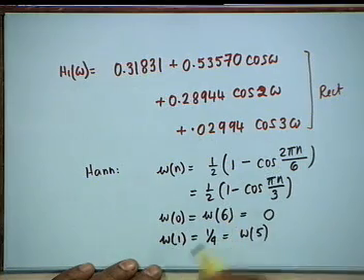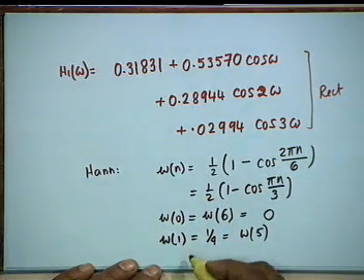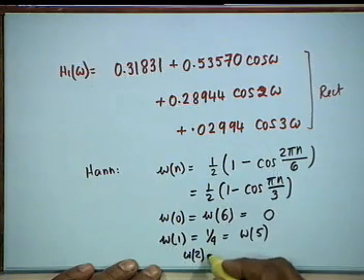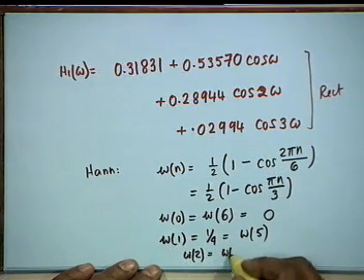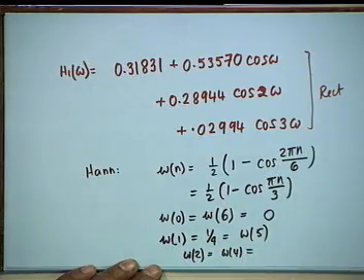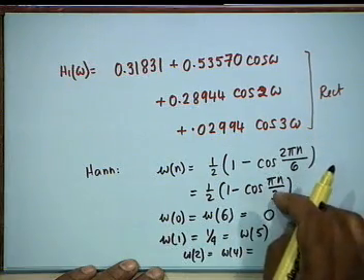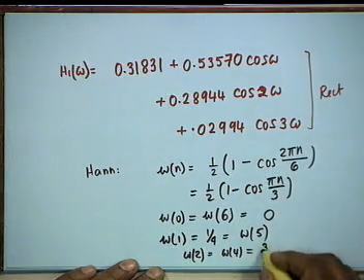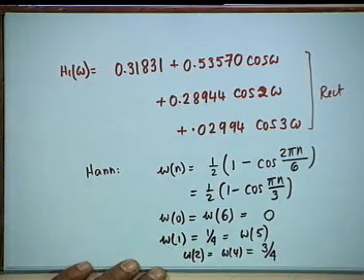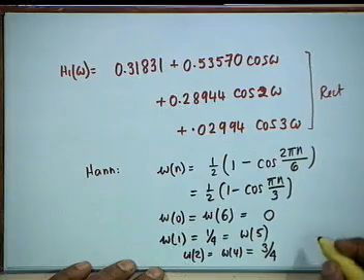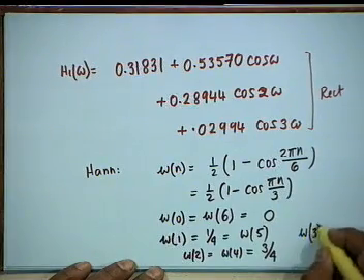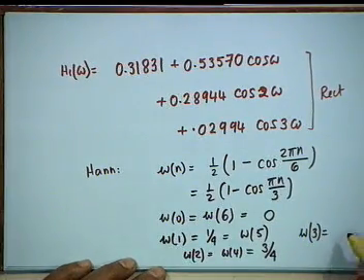See, half the number have to be calculated because of symmetry. W of 2 is equal to W of 4 is half 1 minus cosine 2 pi by 3, and that calculates out as 3 quarter, and finally W of 3 is equal to 1.